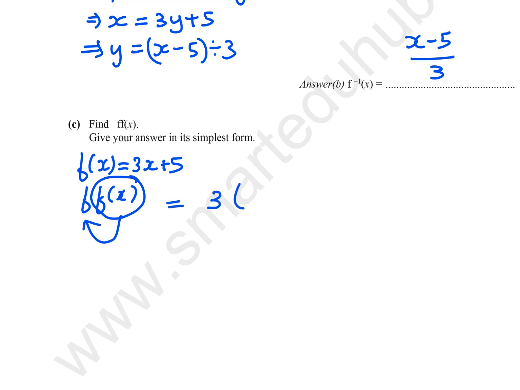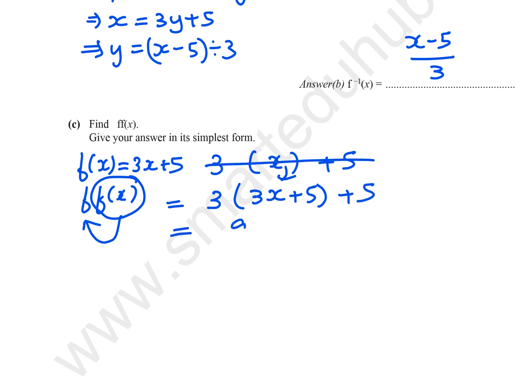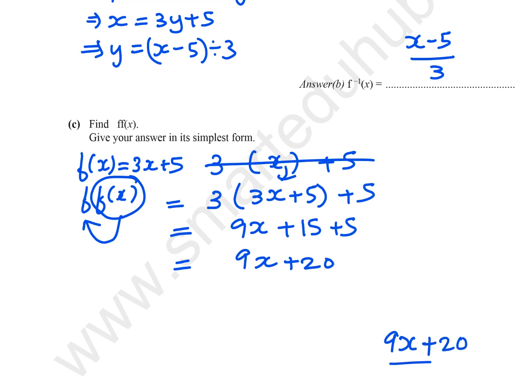So in place of x I'm going to write down 3x plus 5 and then plus 5. See, remember originally it was 3x plus 5. So wherever there was x, I've just substituted 3x plus 5, right? So that makes it 3 3s are 9, 9x plus 3 5s are 15 plus 5, which is equal to 9x plus 20. So your f of f x is 9x plus 20.